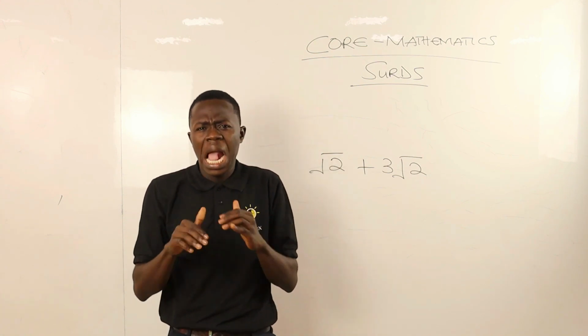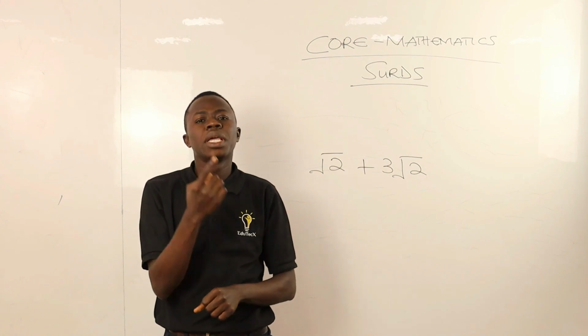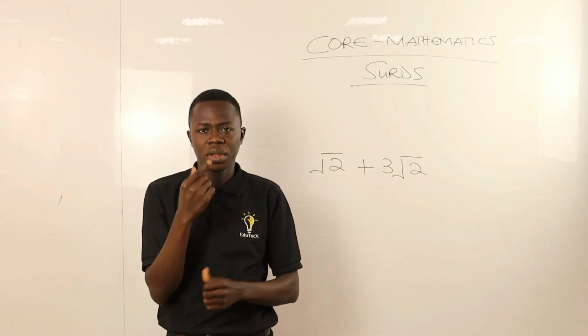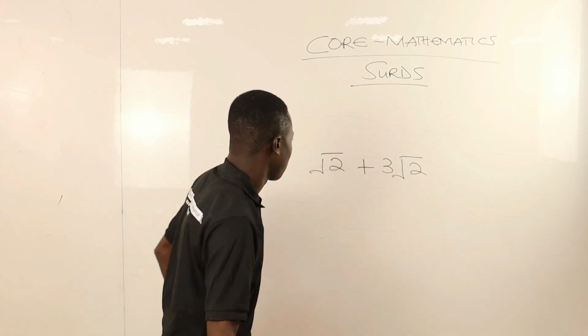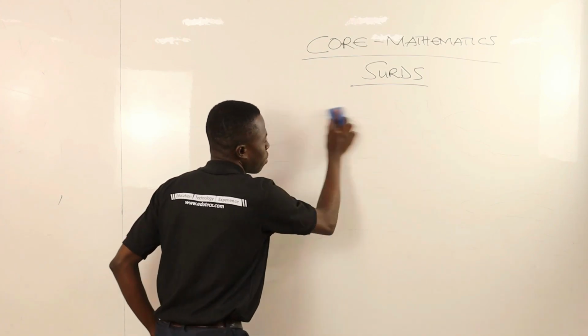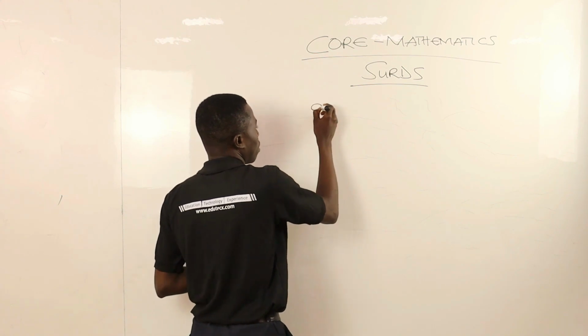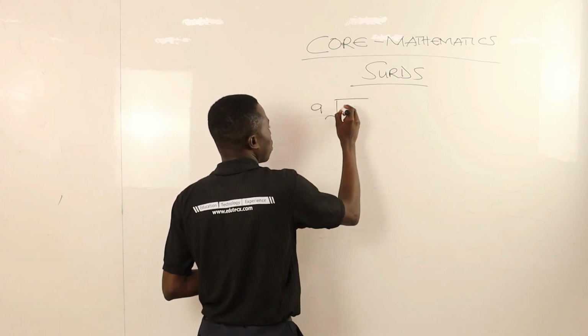So for instance, if you change the sign, you have plus, like you see on the board now. Now the real question is, how do we solve questions like this? So let's first go through the methods that we can use to solve questions like that.